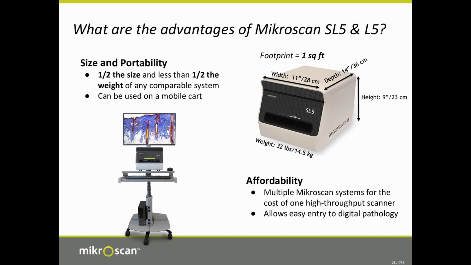A lot of our customers place them on carts, as shown here in the picture. And they can be wheeled around the hospital and taken wherever a slide is produced. And then, instead of a pathologist being on site to look at the slide, the pathologist can log in remotely from wherever they're located to look at it in live mode.